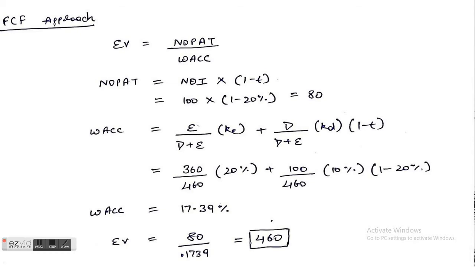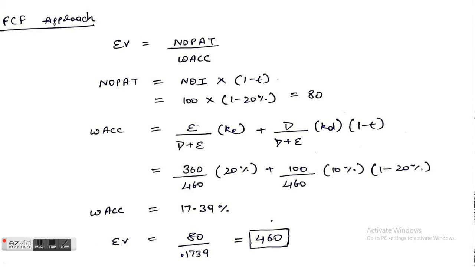The formula of NOPAT is net operating income multiplied by 1 minus tax, which is 100 multiplied by 1 minus 20%, which gives us 80. What we have done here is we have provided no tax shield, that is, we have taxed our entire net income with a 20% tax.